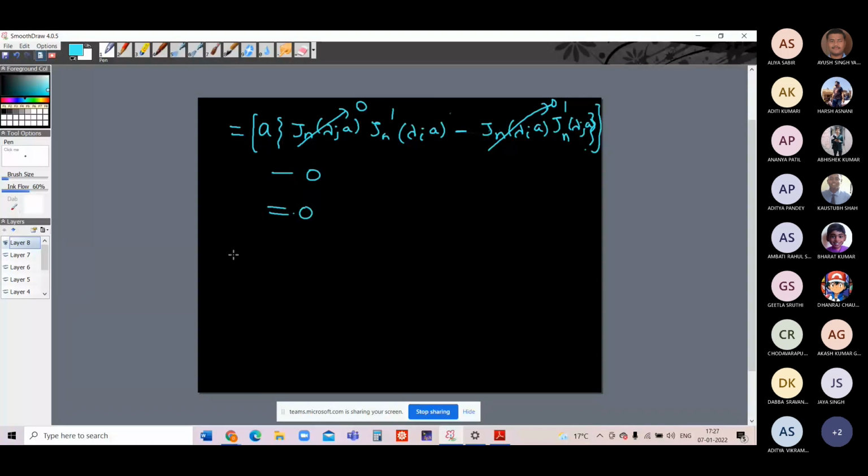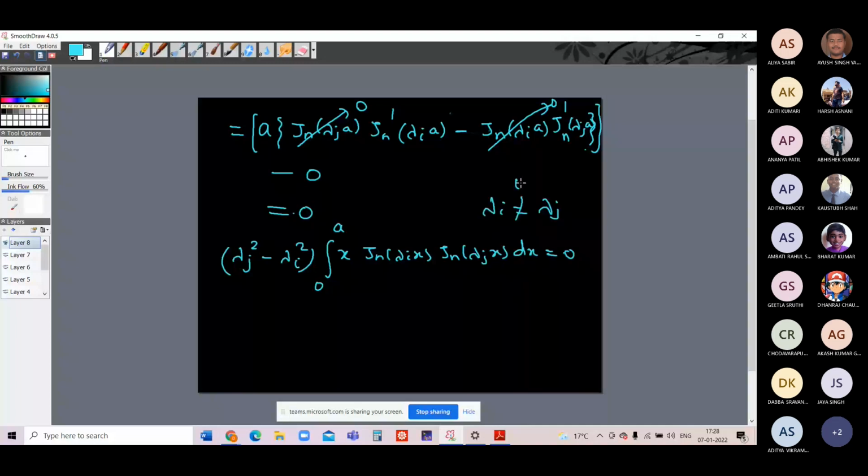So we will get finally (lambda j square minus lambda I square) times the integral from 0 to a of x J_n(lambda I x) J_n(lambda j x) dx is 0, as we know that lambda I is not equal to lambda j for I not equal to j. So they are unequal.